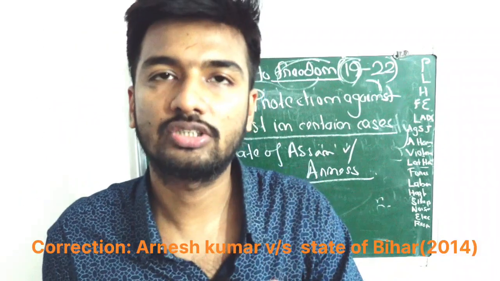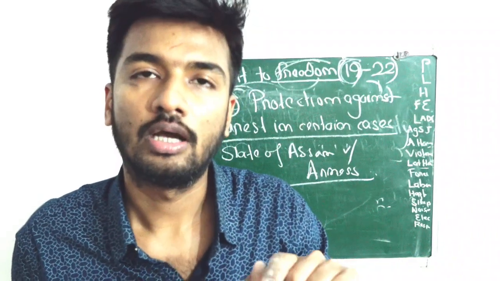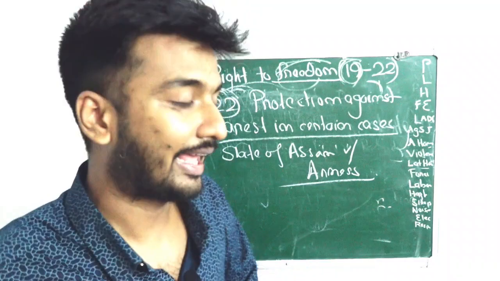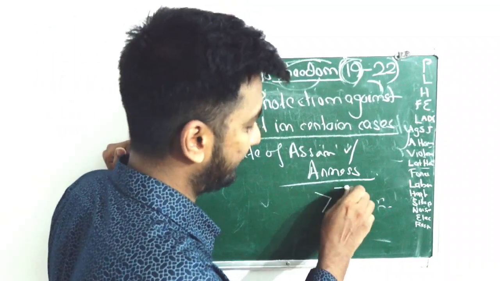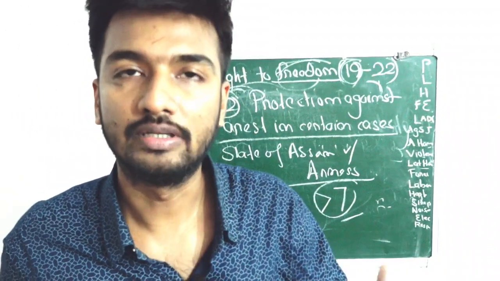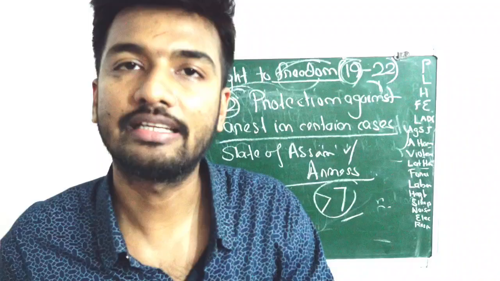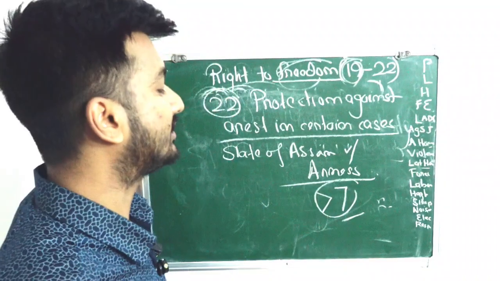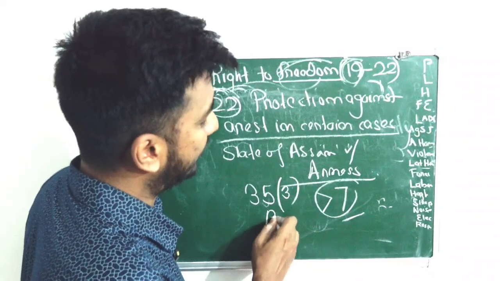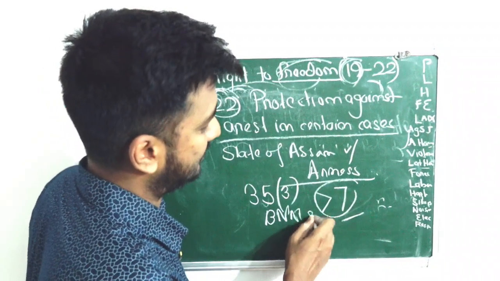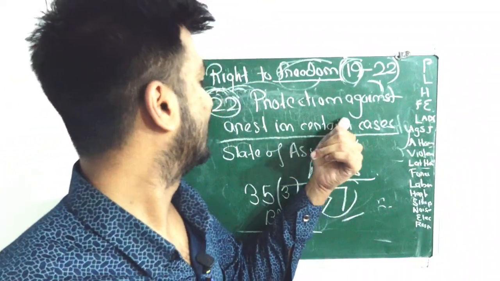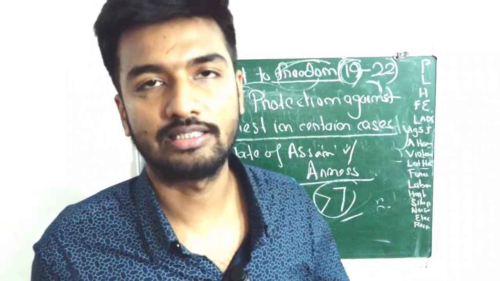Even if the offenses committed by the accused are non-bailable in nature and the punishment is 7 years or less, then he can be released by the police or investigating authority by serving a notice under Section 35(3) of the BNSS. So this is the protection against arrest in certain cases.